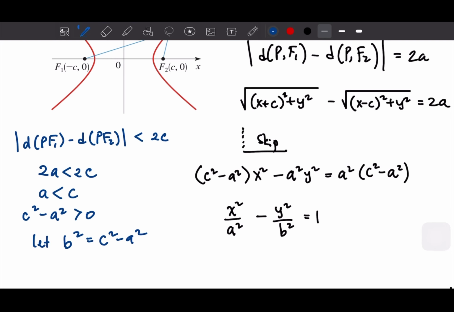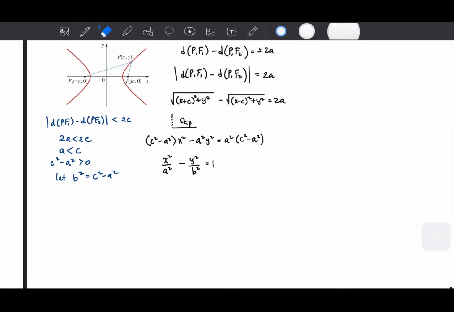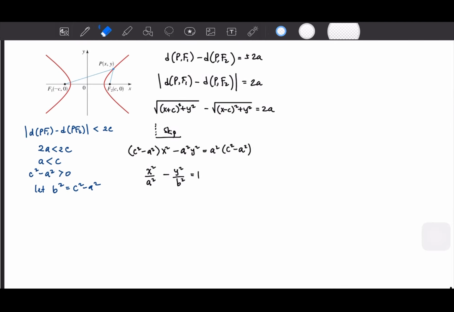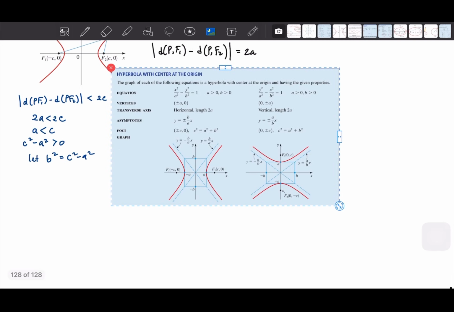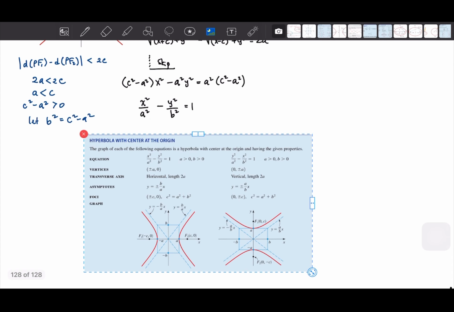So that is why we have branches. We have branches. Okay, let me write the summary for the hyperbola here.